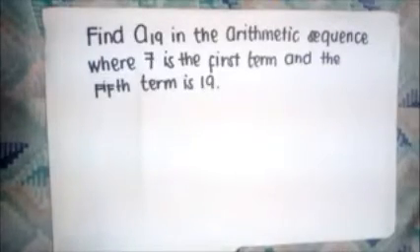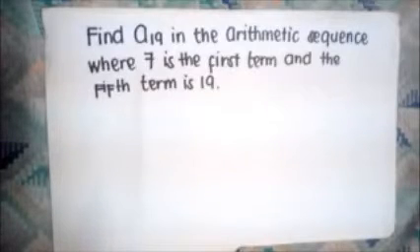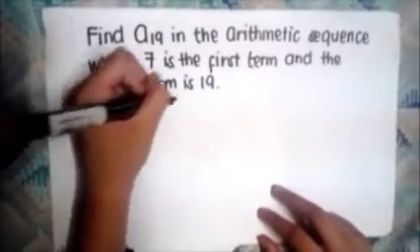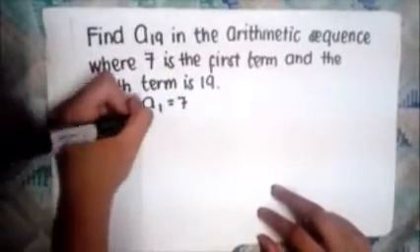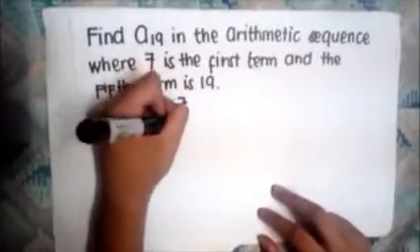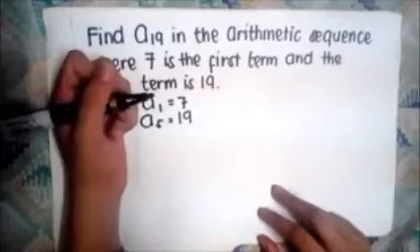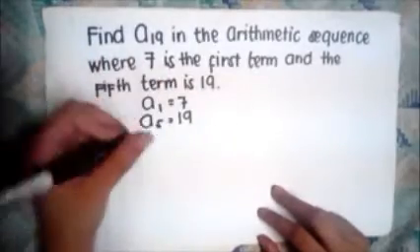So in this problem, we have find a sub 19 in the arithmetic sequence, where 7 is the first term and the fifth term is 19. So we have a sub 1 is equal to 7, a sub 5 is equal to 19. We can use the general formula to solve this problem.